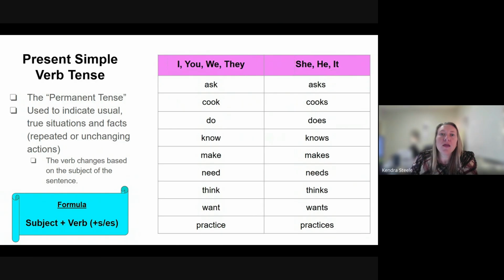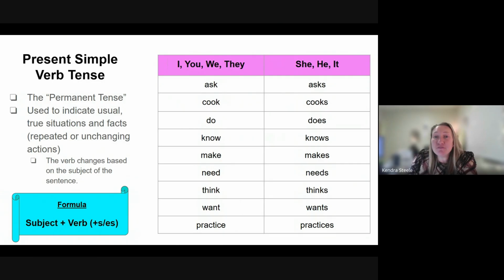If you're using I, you, we, or they, the verb is used in its base or infinitive form. We don't change it. I ask a question. I cook dinner every day. You do your homework. We don't have to change the verb. This is the verb in its base infinitive form.